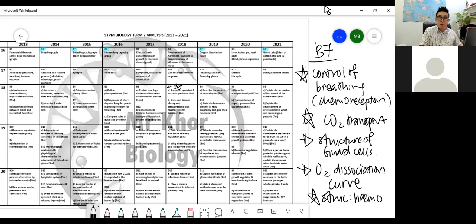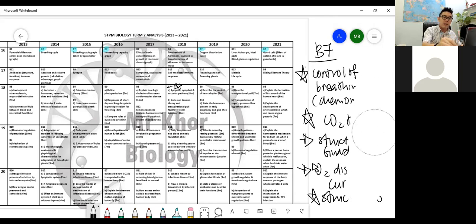Control of breathing, CO2 transport, structure of hemoglobin, short and simple. There are 4 chains, 2 alpha, 2 beta. Affinity towards oxygen. If they want to repeat, it can be either one of these. But they might not ask the process, they'll ask you the structure and go through the oxygen dissociation curve. Okay, guys, that's for chapter 7.